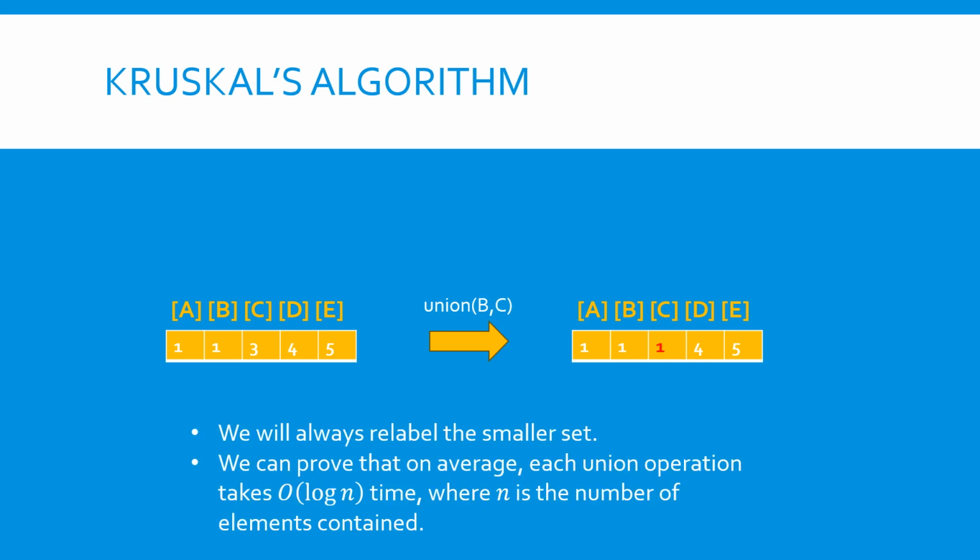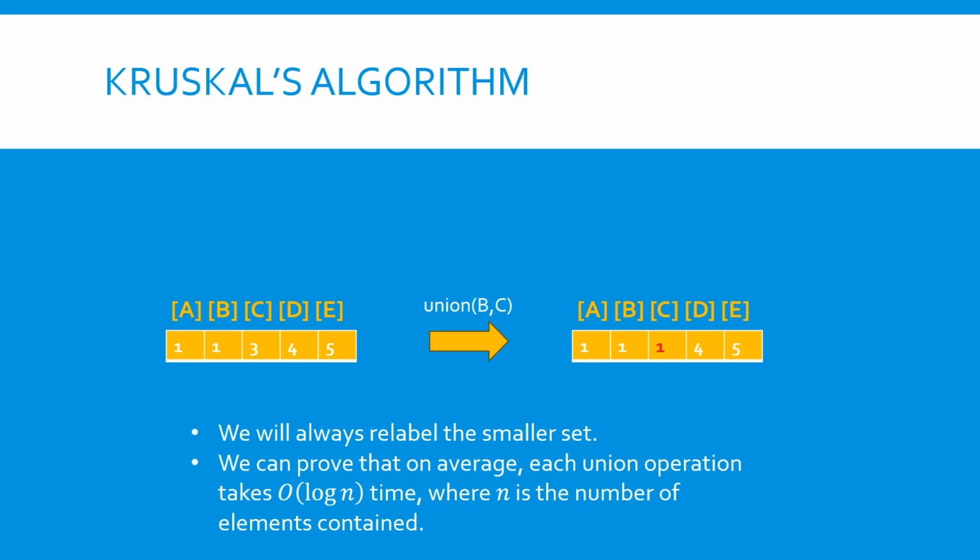When merging two sets with unequal sizes, we shall relabel the smaller set to save computation. For example, when merging the set containing B and the set containing C, we shall relabel the latter since it contains fewer elements.